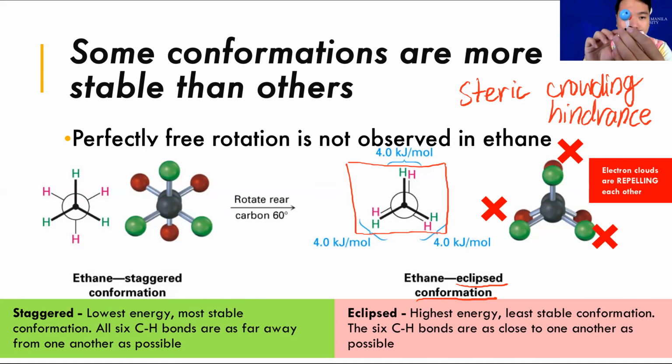Now, what if you rotate it? Let's rotate the back carbon. What happens now? So the groups are now far away from each other. Okay. In fact, in this particular form, all the groups are the furthest away from each other as they can be.